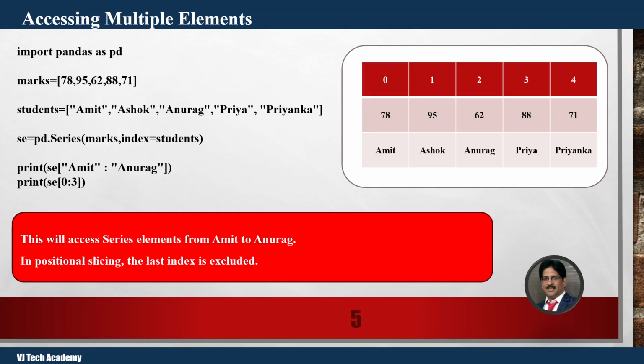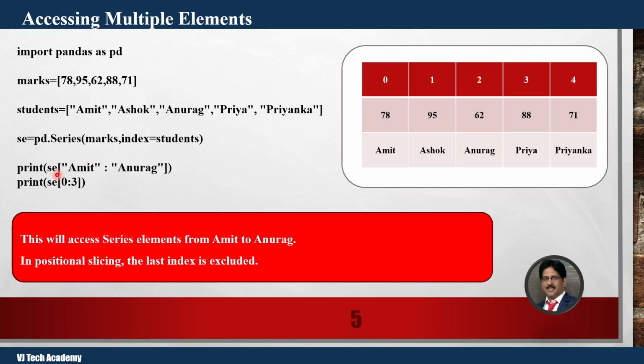I'm just taking an example here. In this example, I have created a list which stores the marks of 5 students: 78, 95, 62, 88 and 71. I have given the index as Amit, Ashok, Anurag, Priya and Priyanka, and created a series for marks. Index is student. Now if I try to access the elements from Amit to Anurag, which are the first three elements, how do we specify it?